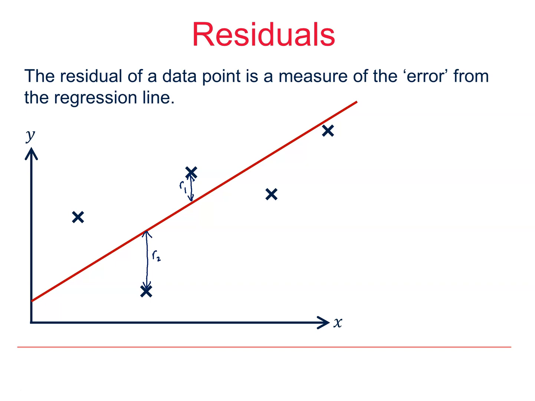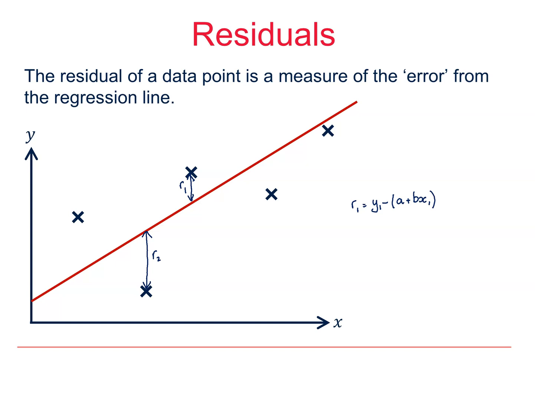The residuals are the observed value, take away the value predicted by the regression line. So r1 is equal to the observed value y1, take away the predicted value.